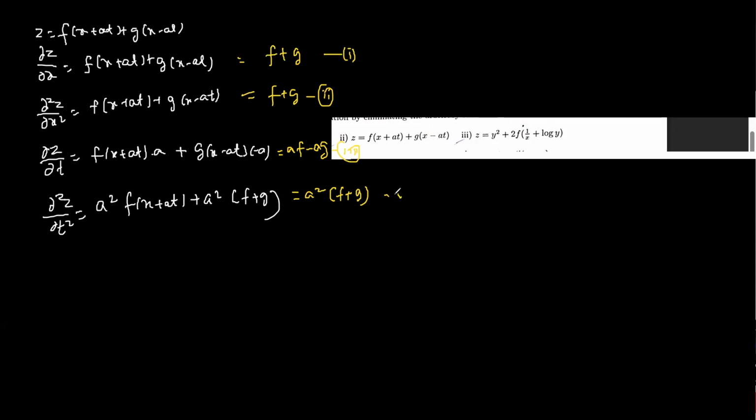From the second and fourth equation, f plus g is equal to what? Del square z by del x square is equal to f plus g.